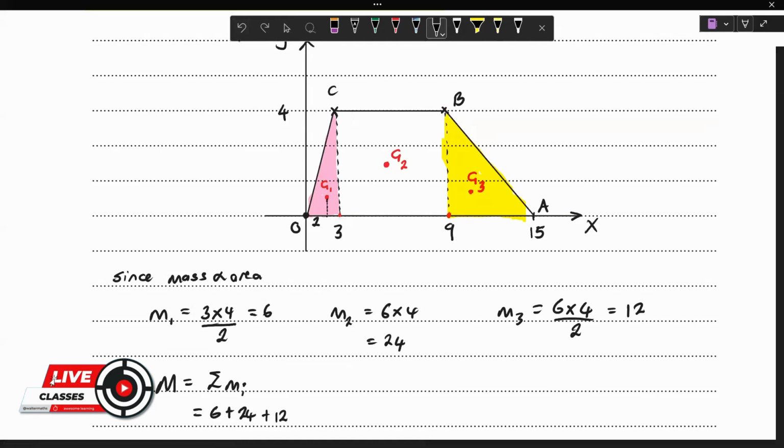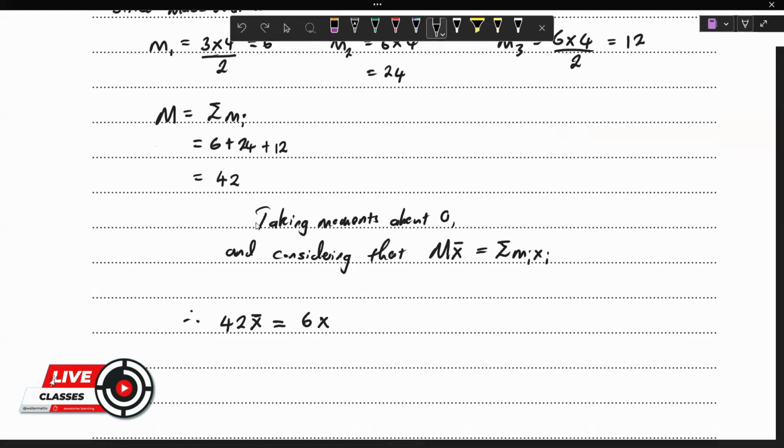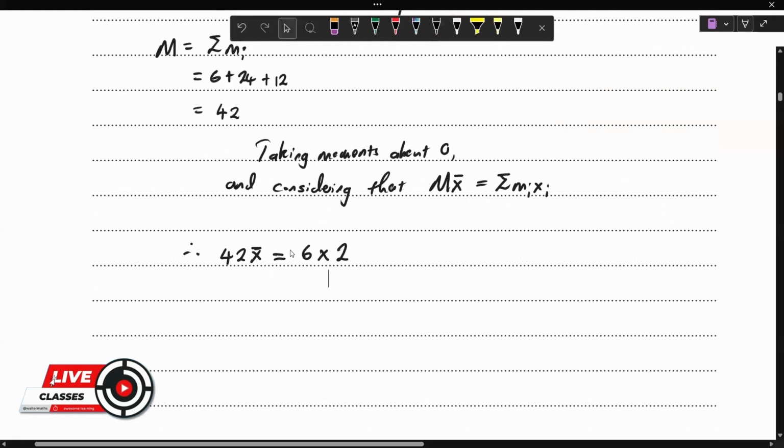So a third of the way means 1 part out of 3, which means from O it's 2 parts out of 3. So it's 2 units from O. That's the x value of the coordinates of G1 basically. I hope you understand that, do you? Yes, sir. Okay, so times 2. And that's going to be plus.